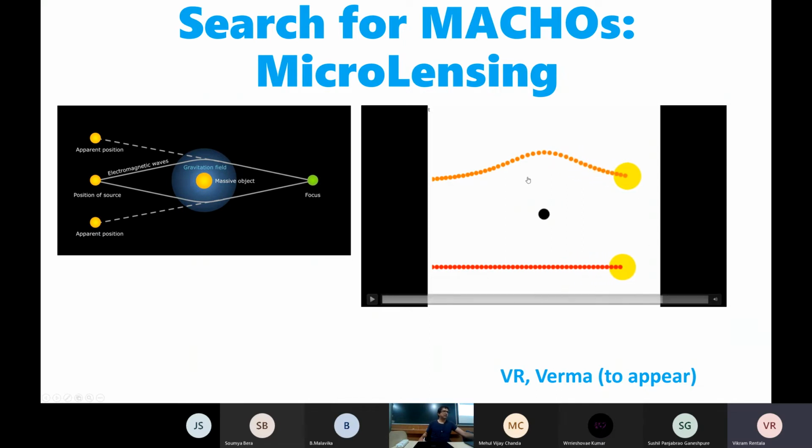Right when it's here, it's deflected. So here's the line of sight, here's the black hole, here's the star. The star gets deflected here, which is why on the sky you see it above. If the star was here, you would measure it further deflected away from the lens. So it's always deflected away from the line joining the lens to the star.